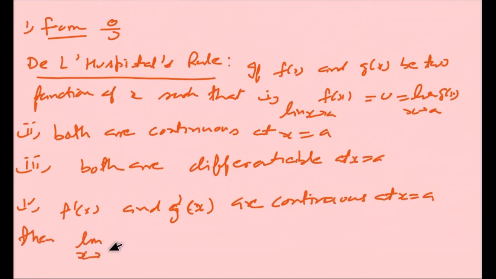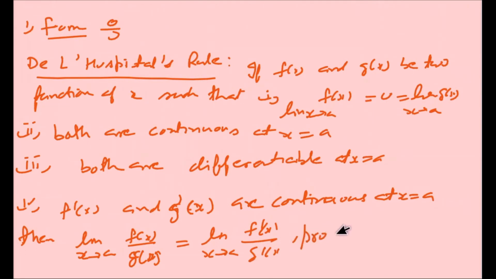limit as x tends towards a of f(x) upon g(x) equals limit as x tends towards a of f dash x upon g dash x, provided that g dash x, that is g dash a, is not equal to 0. So students, the meaning is this: when 0 upon 0 is given, you have to differentiate the numerator and differentiate the denominator and put the limit a.